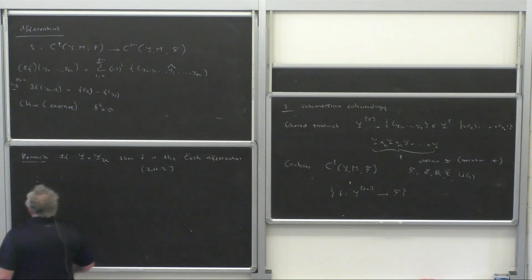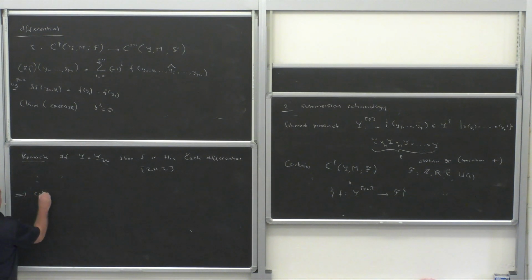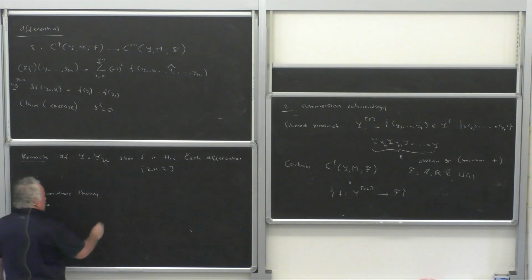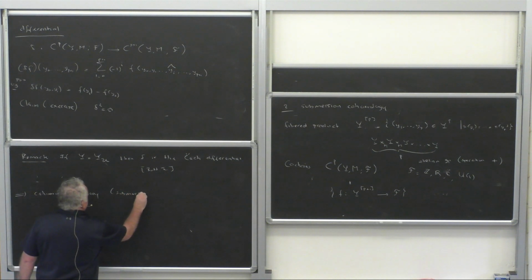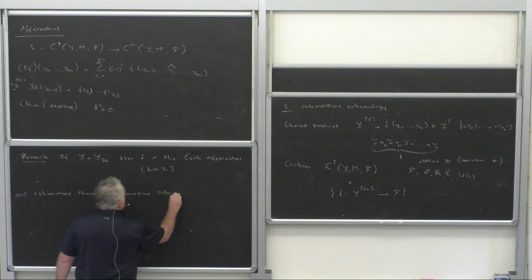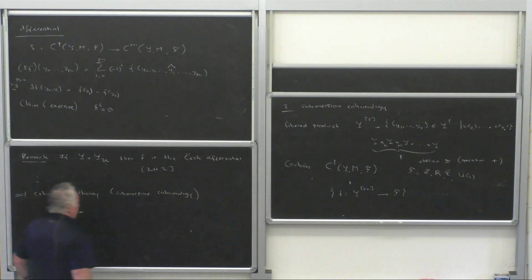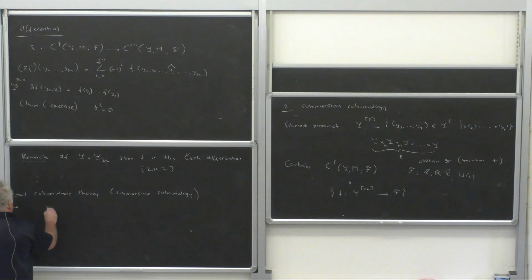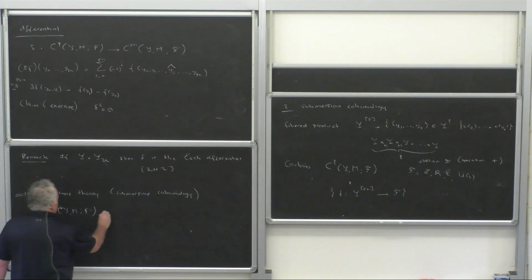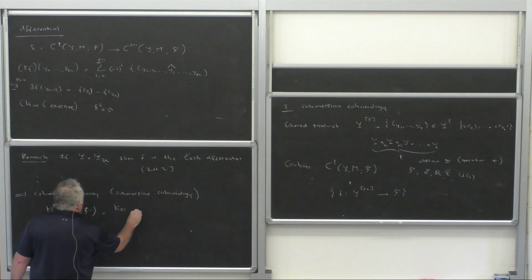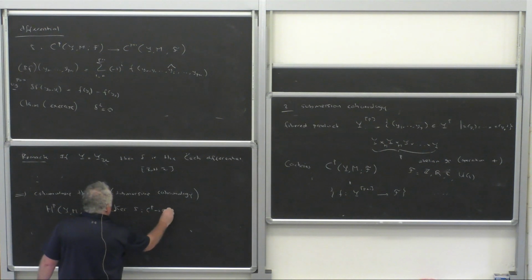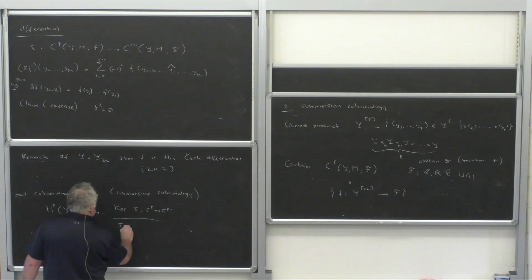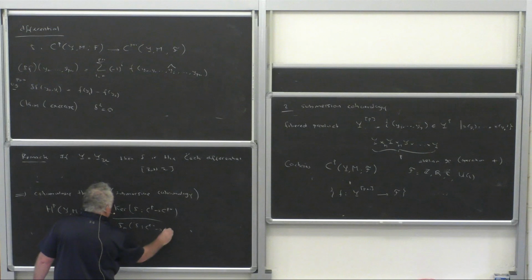Okay, so this defines a cohomology theory, which I call submersion cohomology. So in the usual way, H^p of Y with coefficients in F is the kernel of del from C^p to C^(p+1) over the image of del from C^(p-1) to C^p.